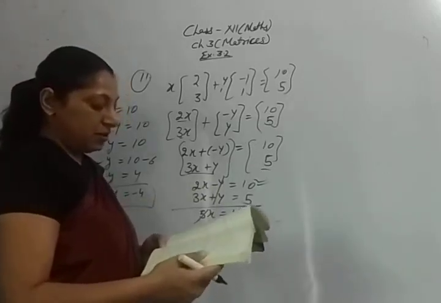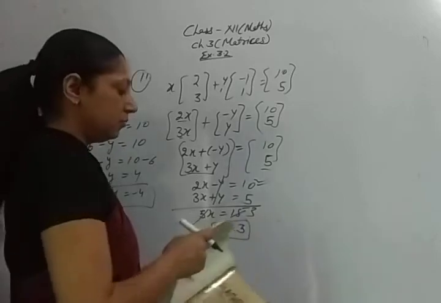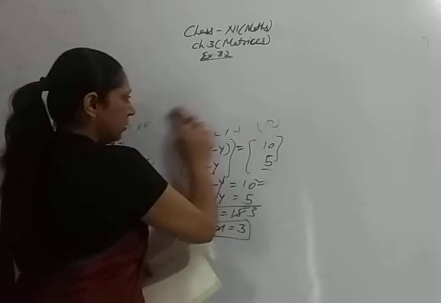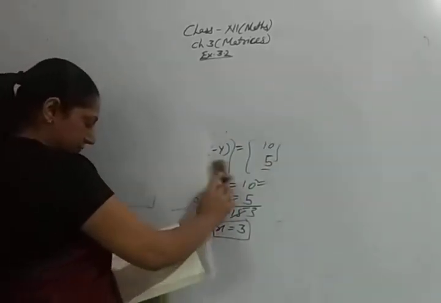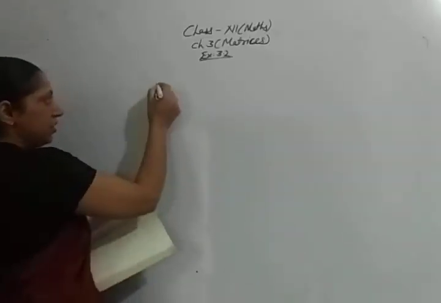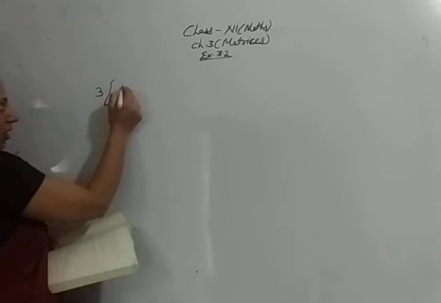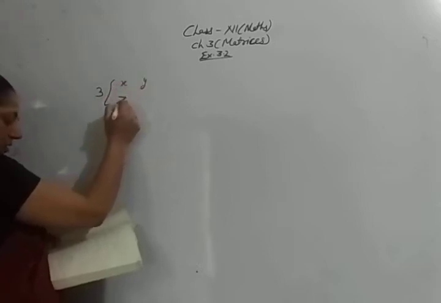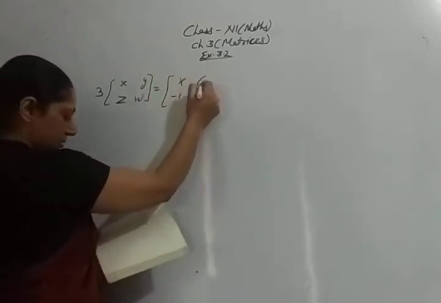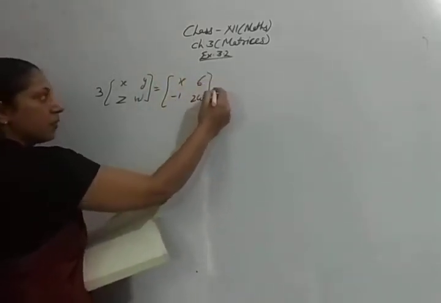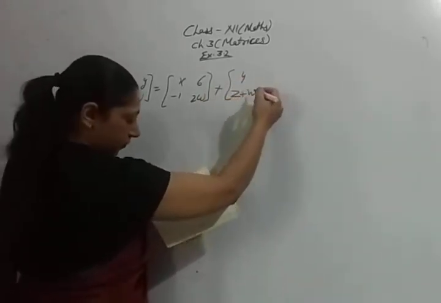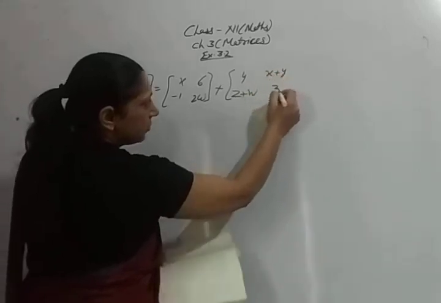Now come to question number 12. In question number 12, we have to find x, y, z and w. And the question is: 3 times the matrix x, y, z, w, that is equal to the matrix x, minus 1, 6, 2w plus the matrix 4, z plus w, x plus y, 3.